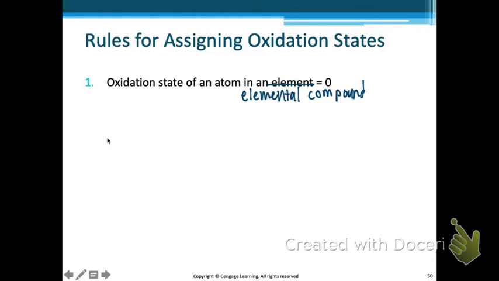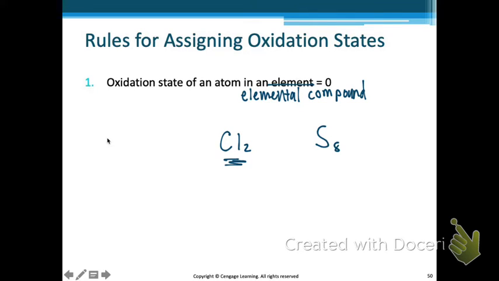What that means is, if something is bonded with itself, like the diatomics, like S8, those are situations in which our oxidation number would be 0. So if I had Cl2, the oxidation number for each chlorine atom would be 0. The oxidation state of an element that's by itself is 0.